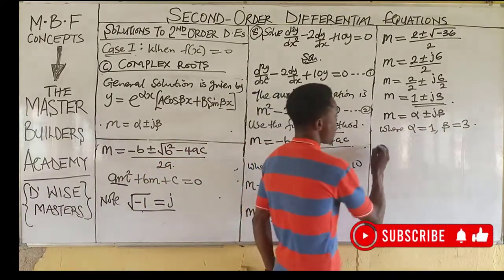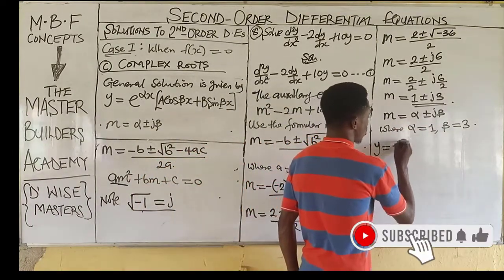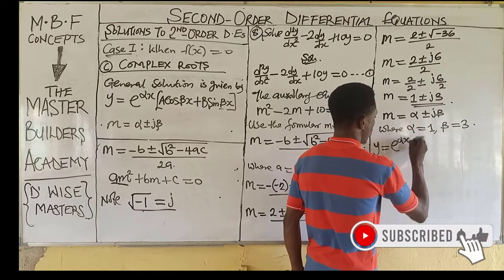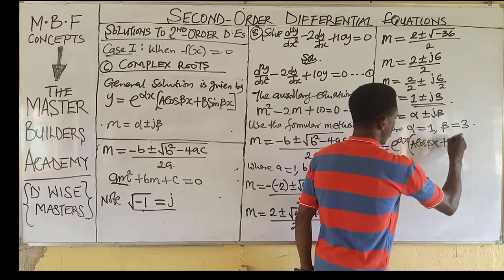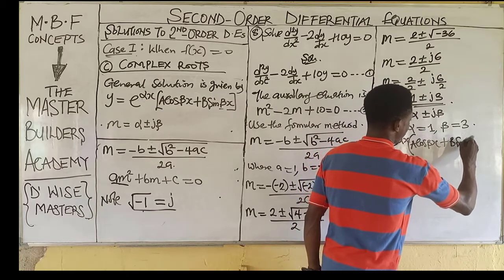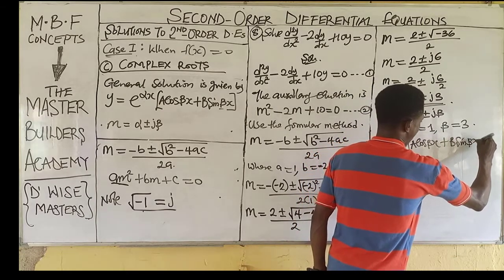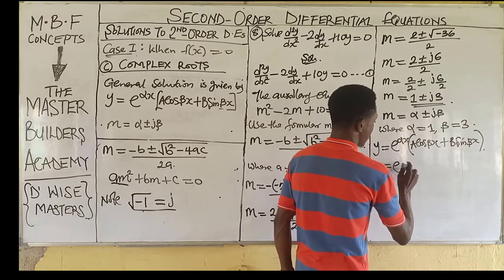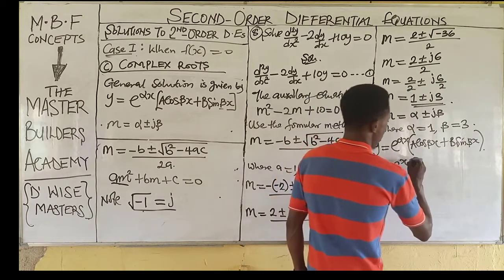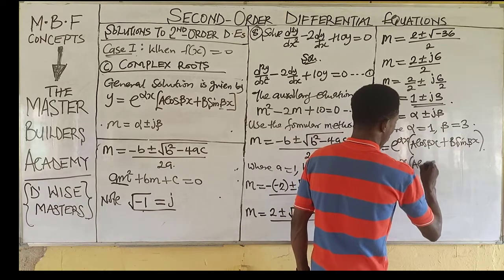And what's the formula? We have that y is equal to e to the power alpha x, open bracket, a cos beta x plus b sine beta x. And finally, this will give us e to the power 1x. Then open bracket, a cos.